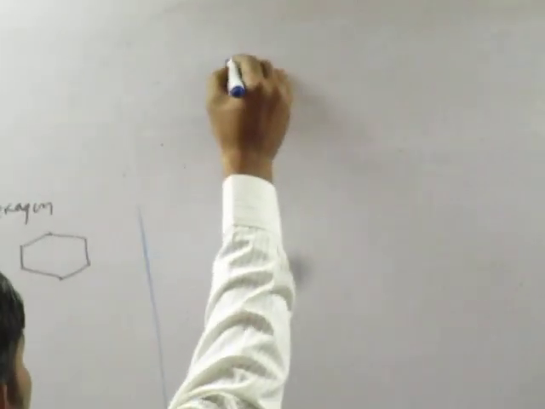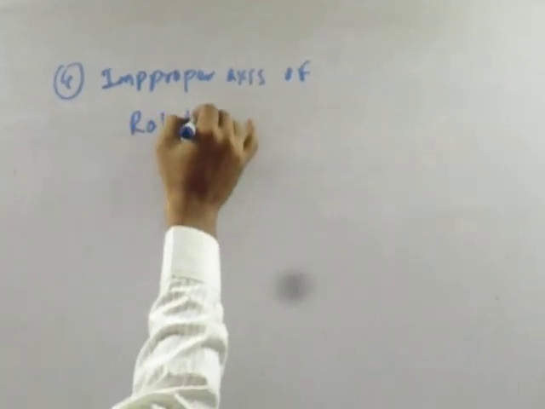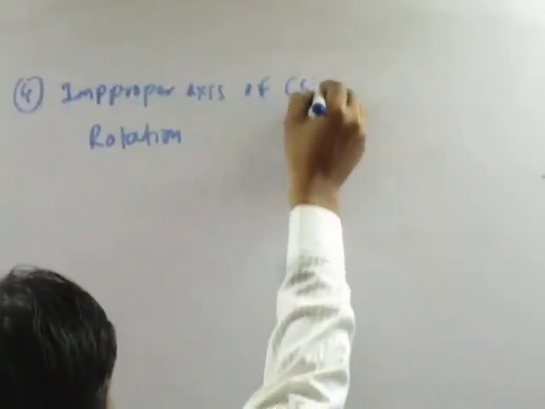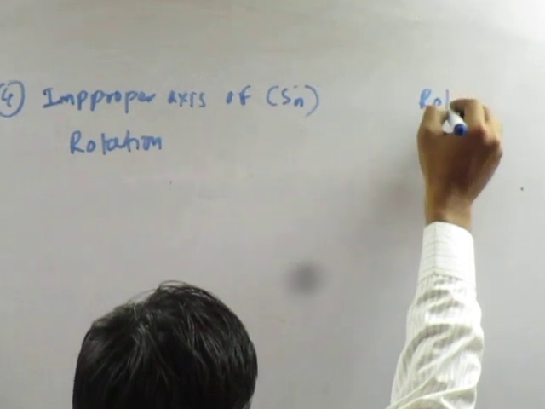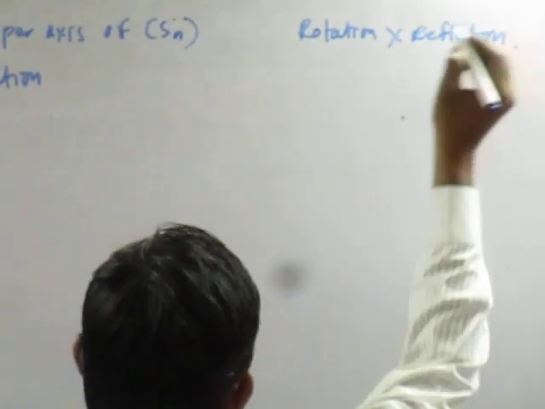Then we will study the improper axis of rotation, denoted by Sn, where the phenomena of rotation as well as reflection are understood.